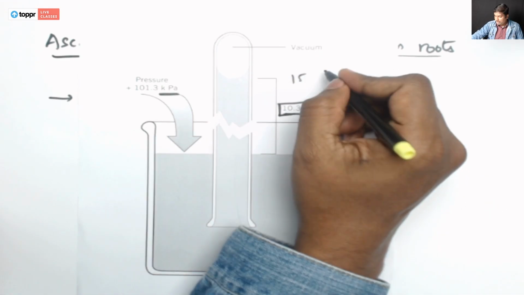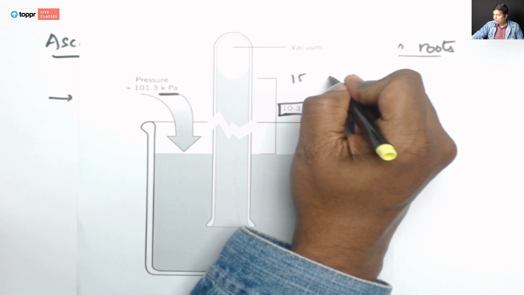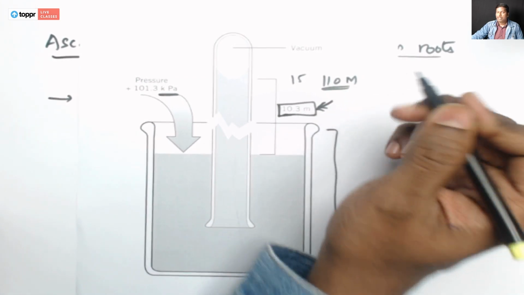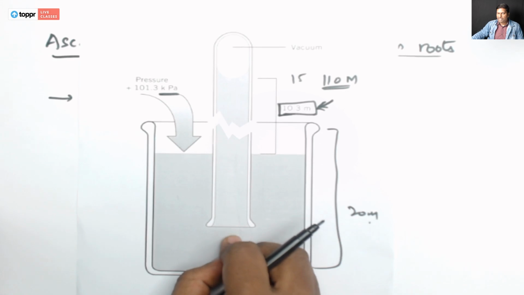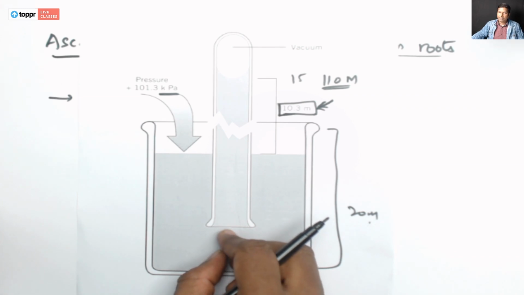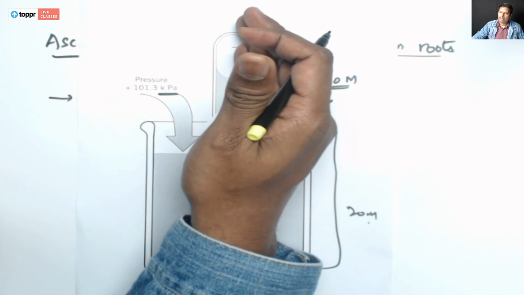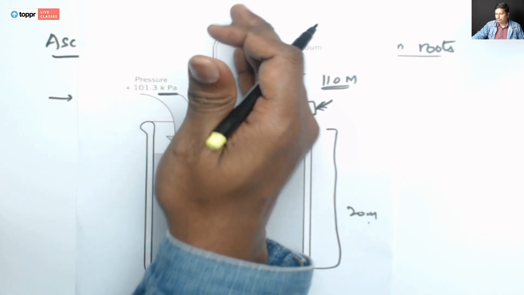And in the example we just discussed, I told you some plants are as tall as 110 meters. So this atmospheric pressure is nowhere near sufficient to push the water all the way to the top regions of the plant.